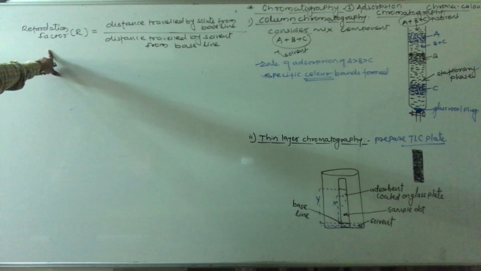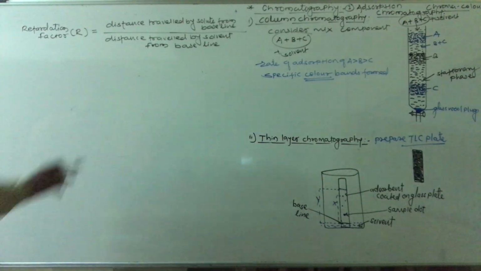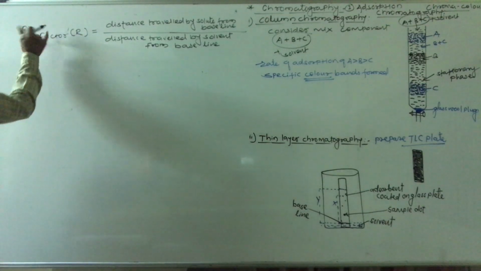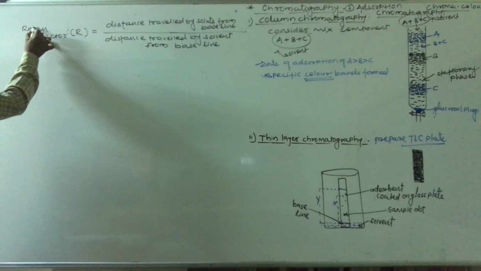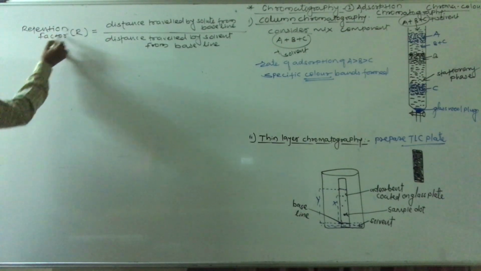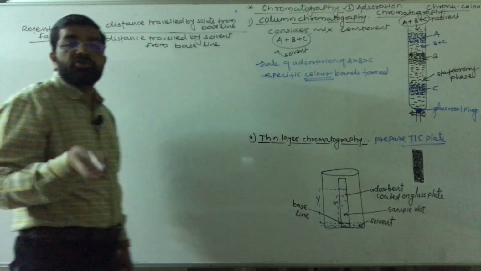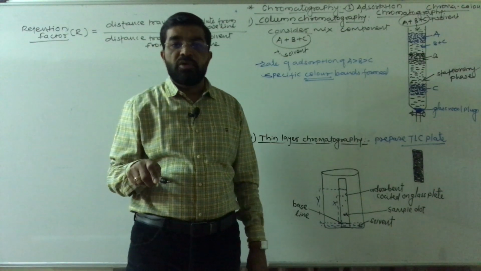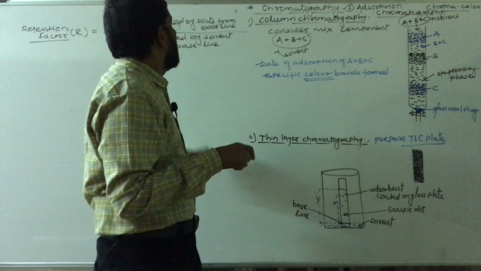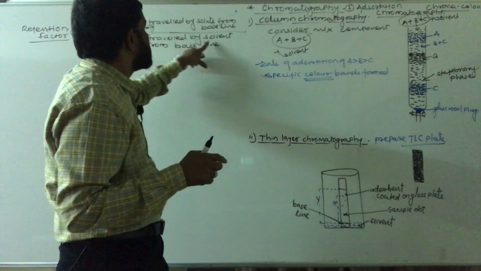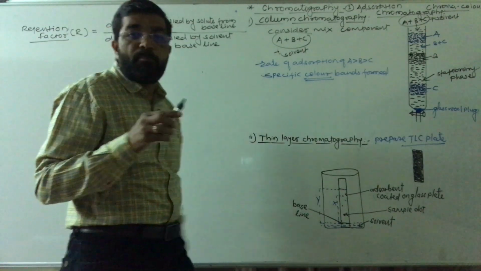That is known as the retention factor. Sorry, it is nothing but the retention factor. It is the retention factor, meaning the ratio of the distance traveled by the solute from baseline divided by the distance traveled by the solvent from baseline.